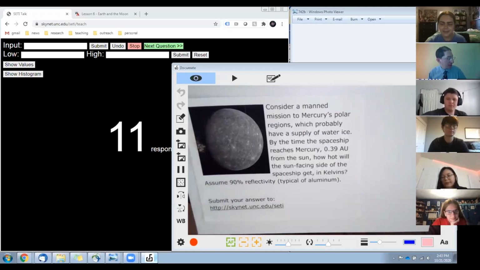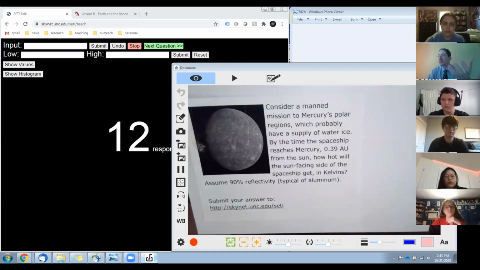Anyway, consider a manned mission to Mercury's polar cap. The polar region has nothing to do with the calculation. It's just to make this scenario a little bit more realistic. Why would we ever want to go to Mercury? It's so close to the sun and so hot. As we'll learn when we study Mercury, in the polar regions, in the craters, there is actually water in the form of ice.